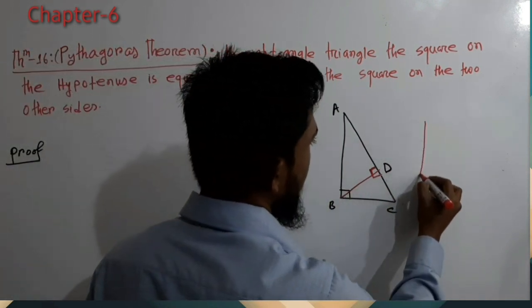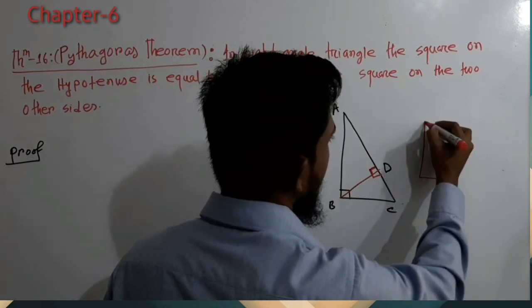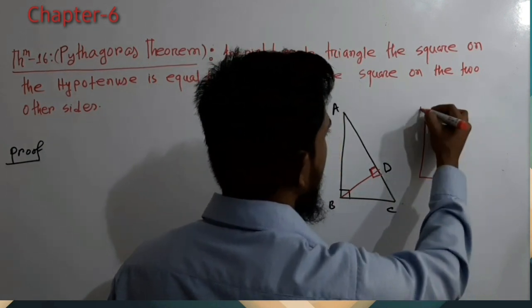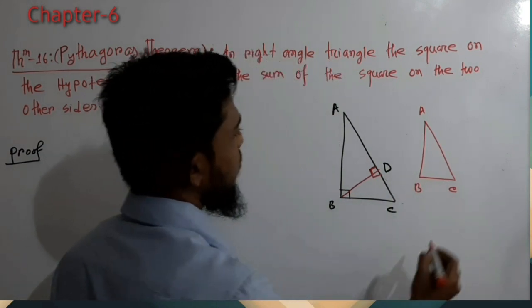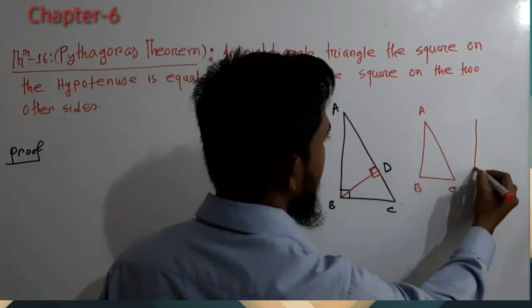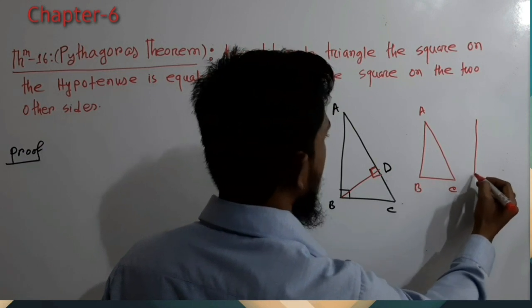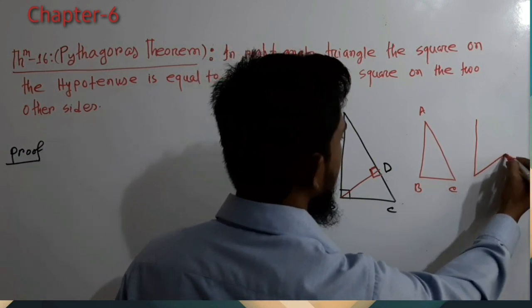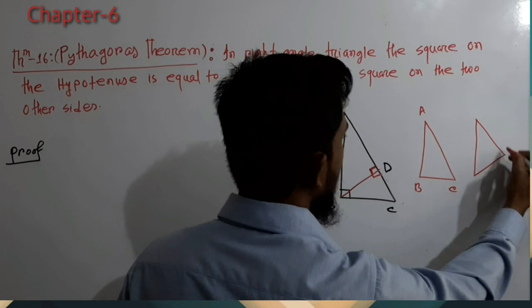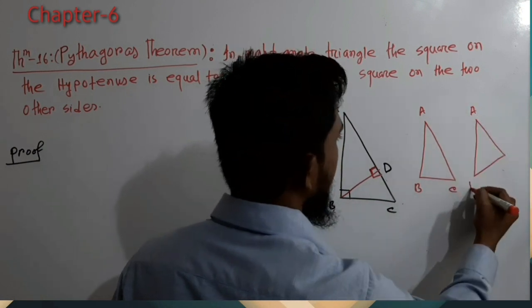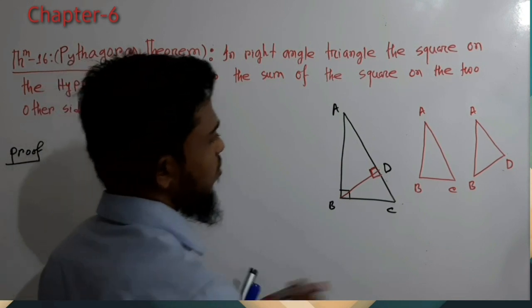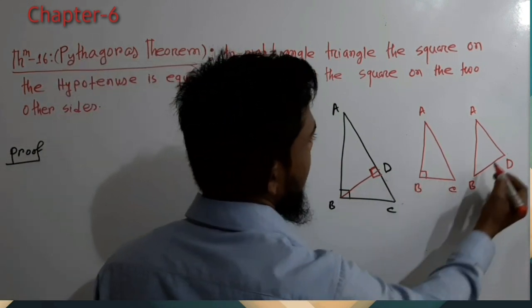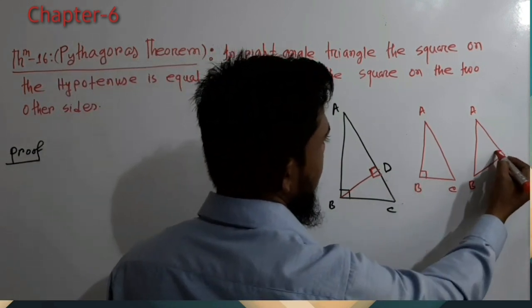Here is triangle ABC and here is triangle ABD, where B is a right angle and D is a right angle.